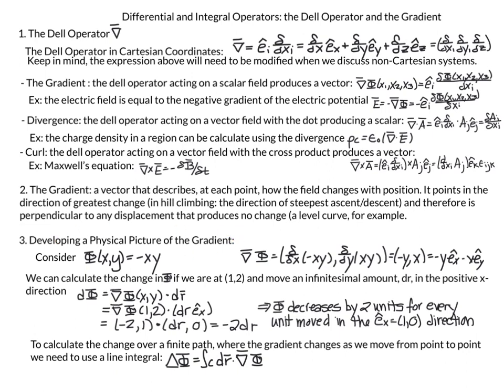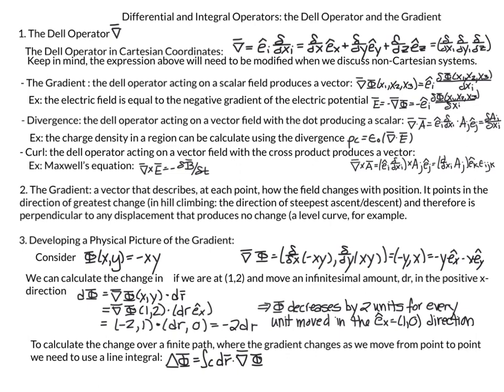We will develop a physical picture of the gradient. We'll work through this example to calculate how the gradient will tell us how phi, our scalar field, is changing at a particular point when we walk in a particular direction. There will be other examples we go through as well.